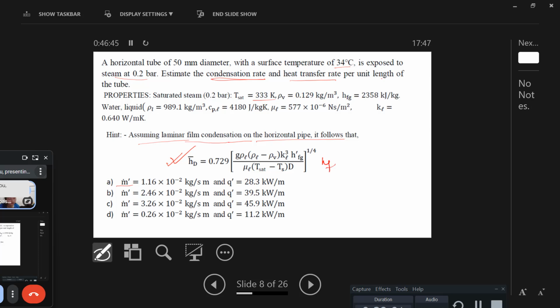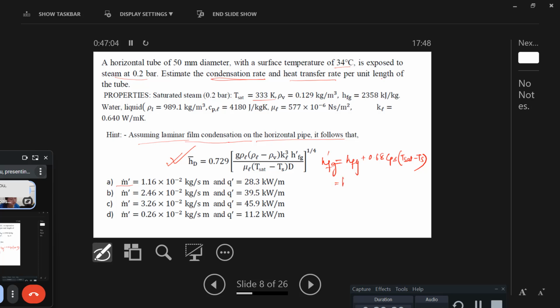So HFG prime is equal to HFG plus 0.68 CPL, T sat minus TS.